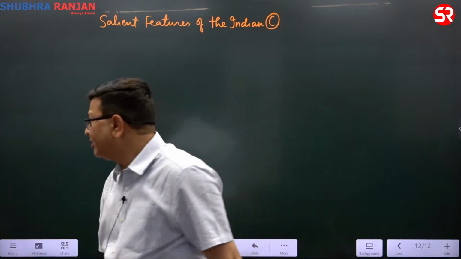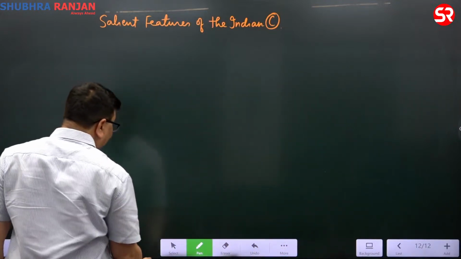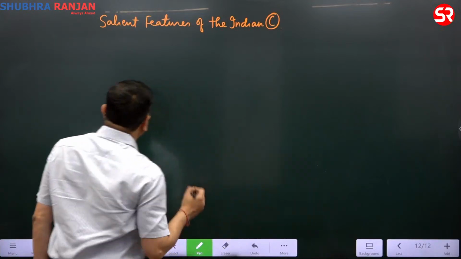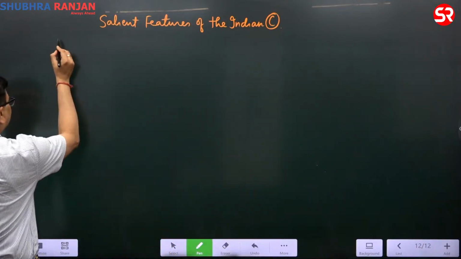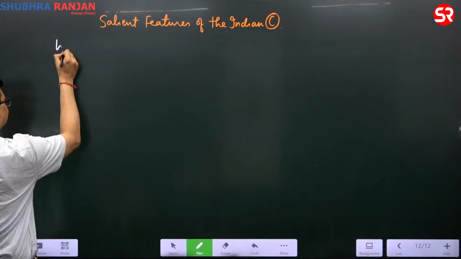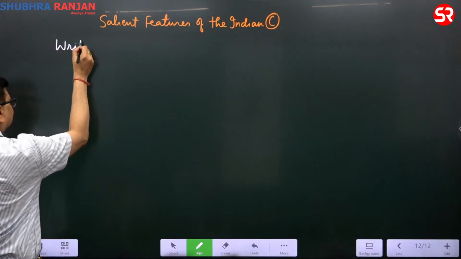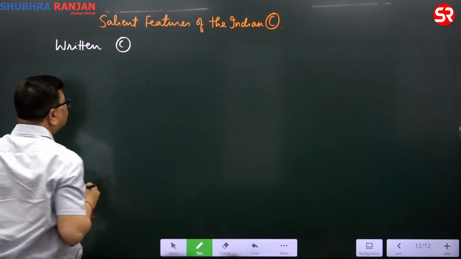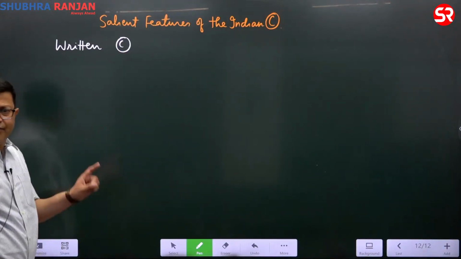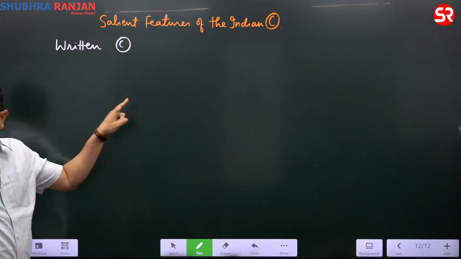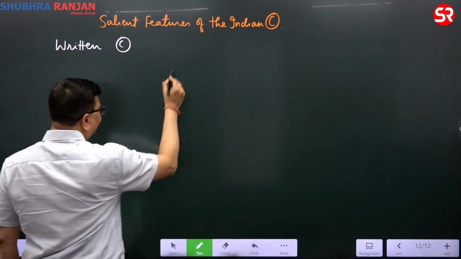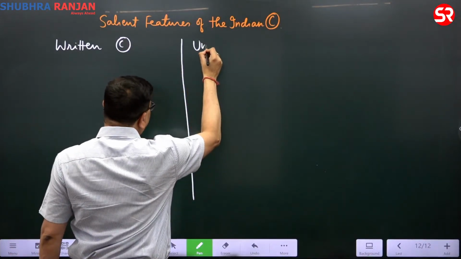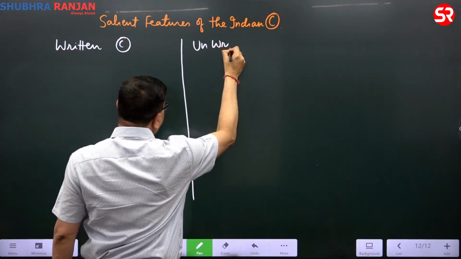Now, the first salient feature of the Indian Constitution is that it is a written constitution. No doubt Indian Constitution is a written constitution. Some of the constitutions of the world are unwritten.